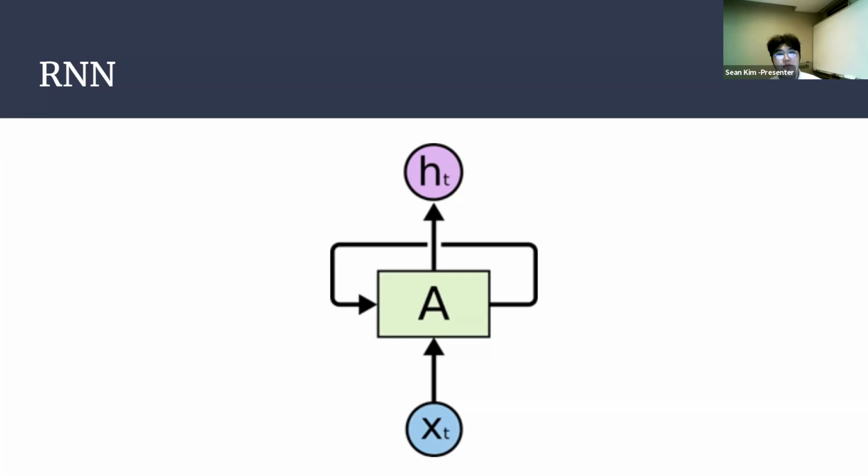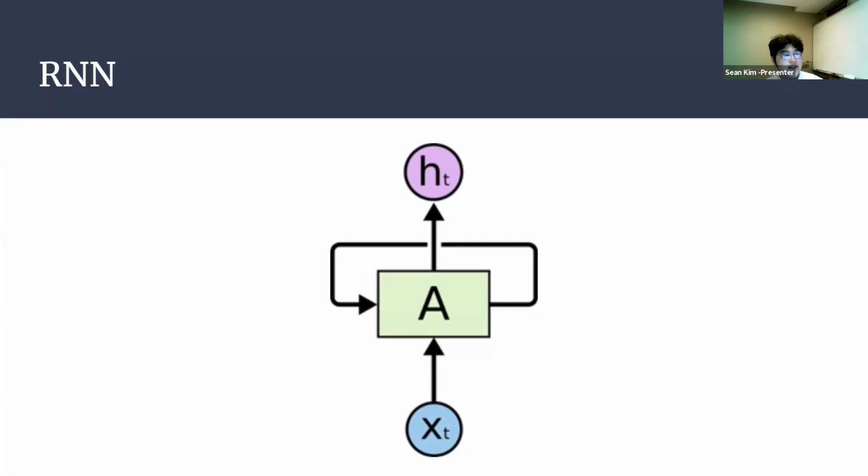RNN constantly repeats itself and makes it so that the information you garnered from previous steps is now applied to what you learn right now and in the future. Like this, as shown in the image, where the arrow goes around the A, RNN constantly repeats itself. In this picture, A is one big chunk of RNN.